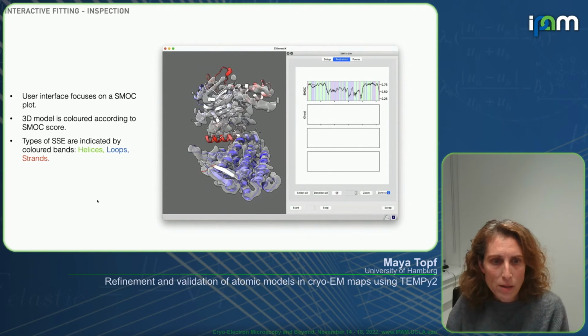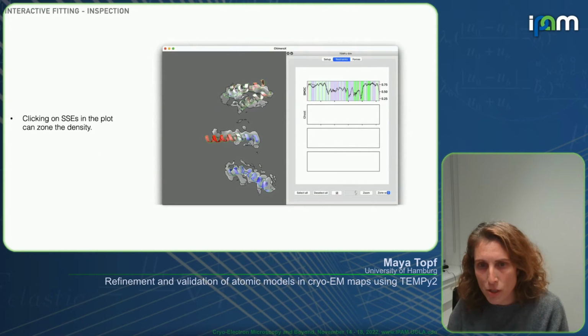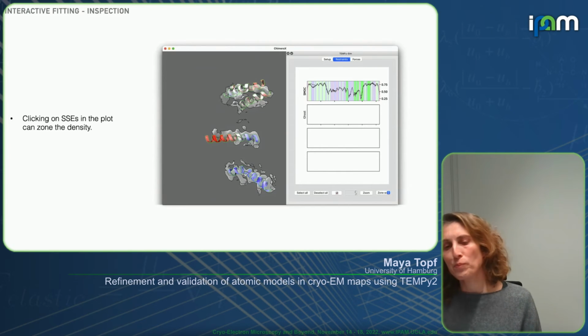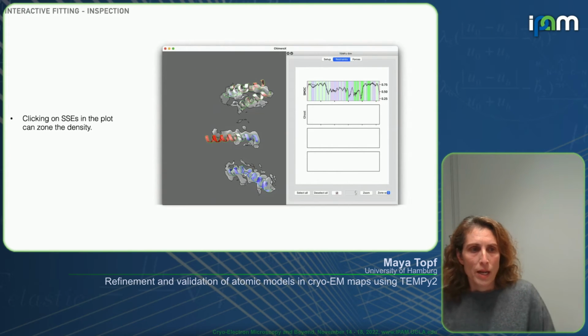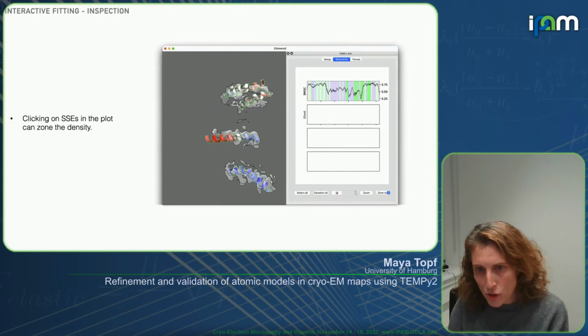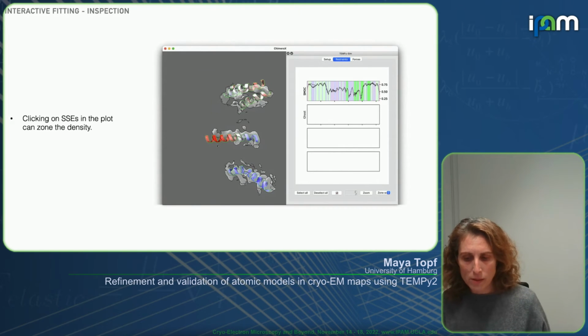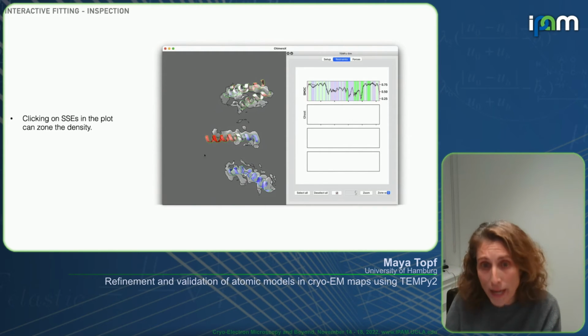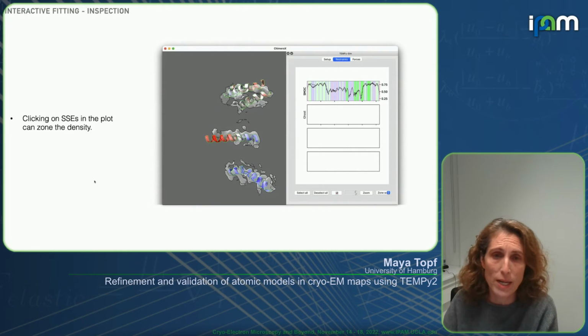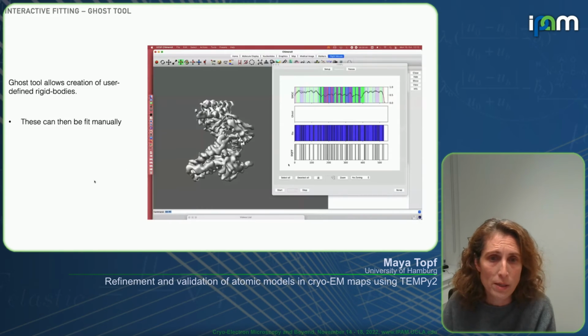And then what we do is we select the region. We can select the regions of bad fit with the density, and you can zone if you wish. So you can really utilize, together with this TEMPy plugin, all the routines that you have in ChimeraX for density. So you can really visualize those specific regions that have a problem.